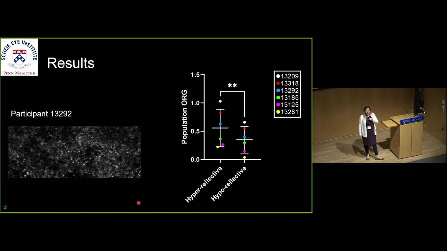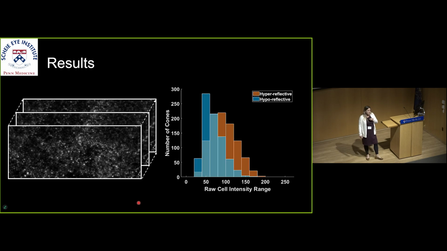And so we started by looking at the cells' reflectances over that whole video sequence, looking at the range of what cell intensities can be for these 2 different groups. Plotted here is a histogram showing the maximum cone intensity minus the minimum cone intensity for each cone in those 2 groups.